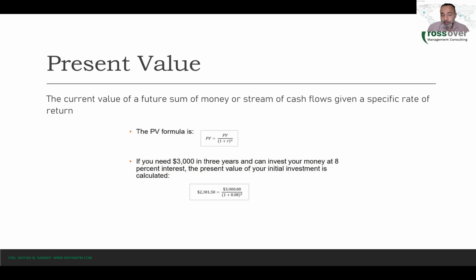So you need to actually come up with a calculation that gives you the future money in terms of today, in terms of the present day, right? So this is how we calculate the present value.